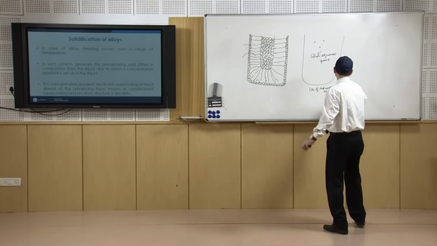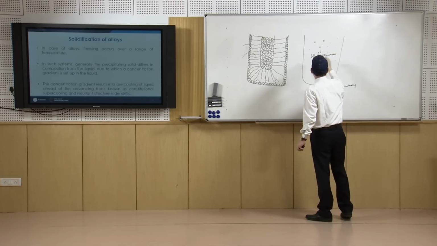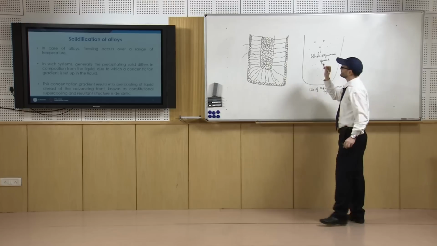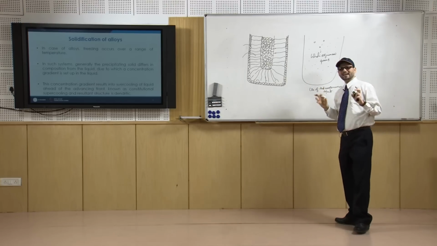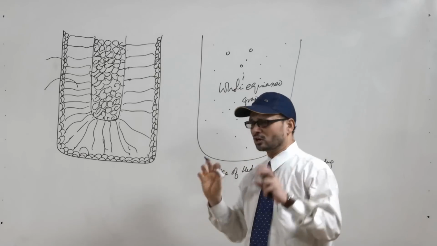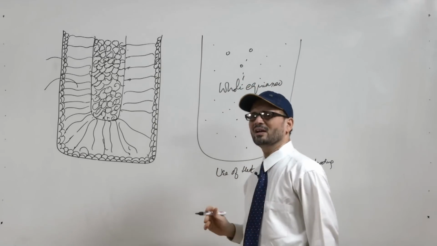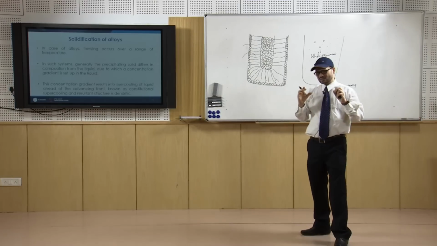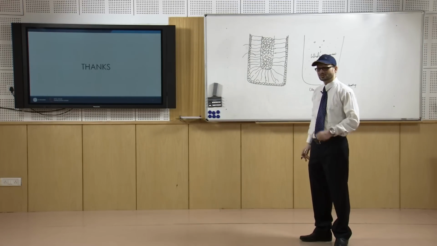The heterogeneous nucleating agents serve as nucleation centers at different points, and if the nucleation centers are more, they will inhibit the growth of individual grains. So, you will have more and more grains, giving you the equiaxed type of grains. So, this is how you get the different types of grains in the case of metals and alloys. Thank you.